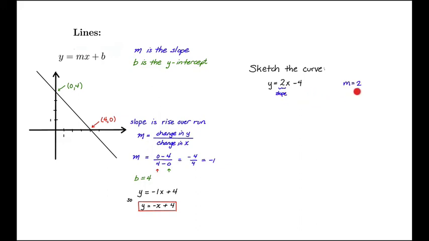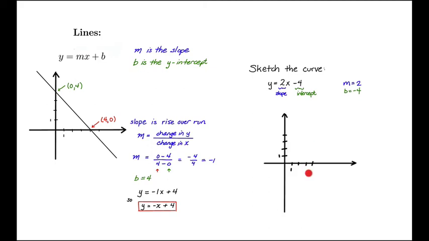So we have m equals 2, and the y-intercept is our constant piece. In this case, we need to make sure we write down that the b is equal to minus 4. That negative sign needs to be included since our formula has a plus sign in front of the b.